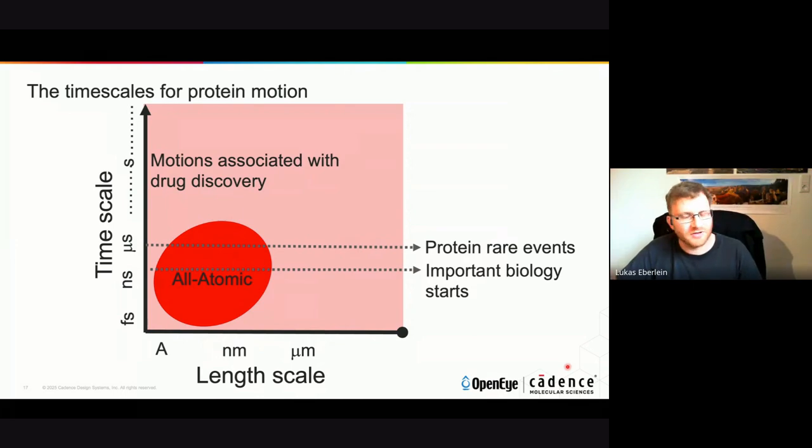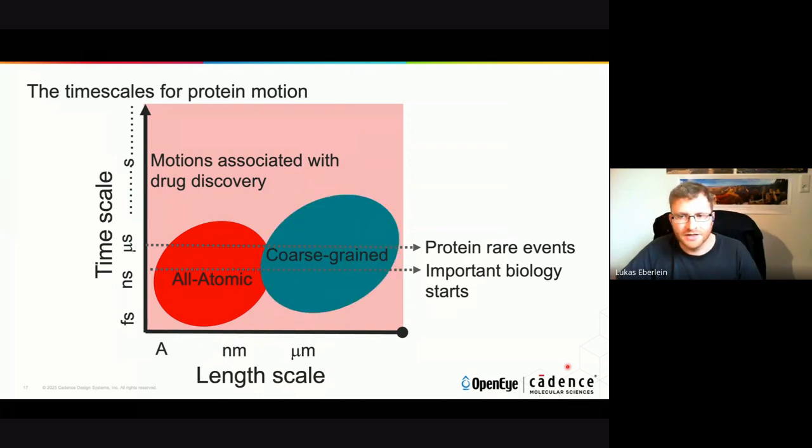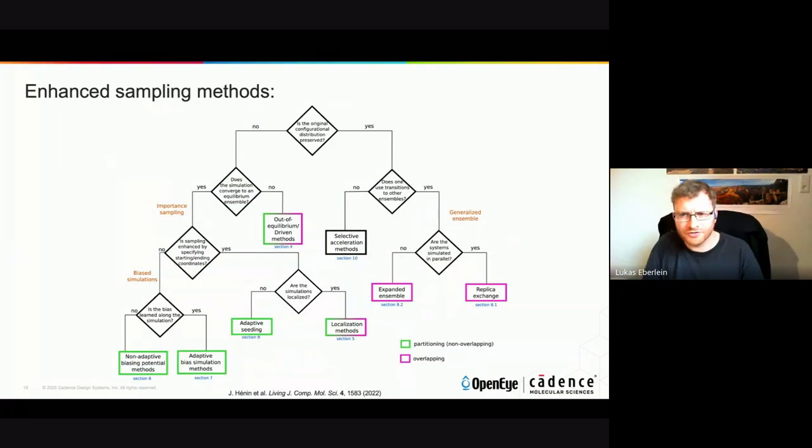And this helps especially on the length scale, but slower protein motions are still hard to sample. So coarse graining can contribute to, but is not the full solution to properly sample the protein motions needed for cryptic pockets to open. We need to do smarter sampling as well.